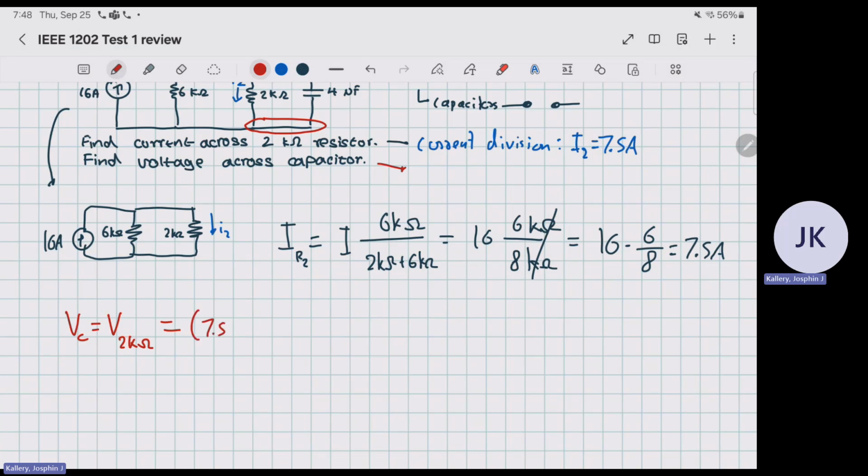So we have 7.5 amps multiplied by 2 kilo ohms. Sorry, that should give us 15,000. If I'm correct, let me double check my answers. Yes, it should be 15,000.